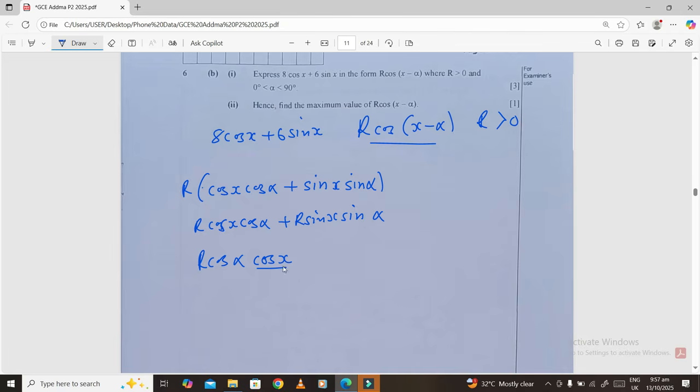So cos x here, you can see cos x. Have you seen? Plus here r sine alpha sine x. Also here you can see sine x there. Therefore we can say what has remained here, r cos alpha is equal to 8. This 8. Have you seen? And then here r sine alpha will be equal to 6.